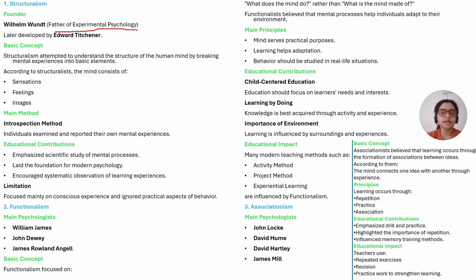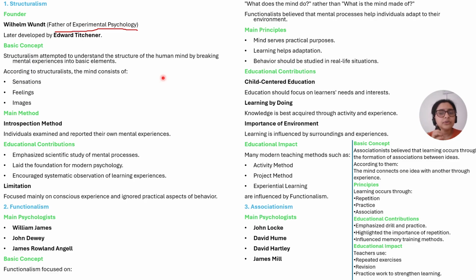What is the basic concept of structuralism? It understands the structure of the human mind by breaking mental experiences into basic elements, so it identifies how the human mind is made.